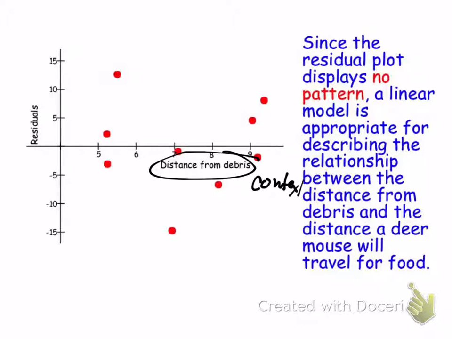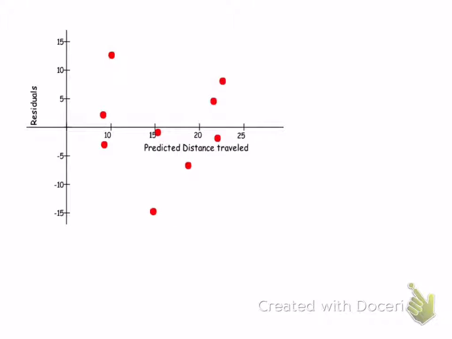So the script would say, since the residual plot displays no pattern, a linear model is appropriate for describing the relationship between the x and the y, and that must be in context. If I did this against my y hat, which I think you have in your L3, you could go back to second y equals and change your x list to be L3, your y hats, and you would end up getting the same thing.